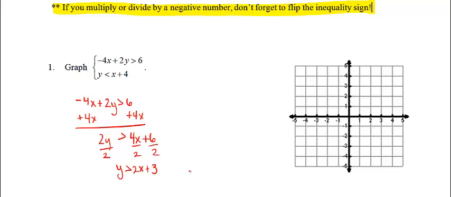To graph this, I start at my y-intercept, my 3. And from there, I count up my slope, up 2 and to the right 1. And to help myself, I'm going to reverse that by going down 2 and to the left 1, so that I can just get more points. I have a greater than symbol, which means that I'm going to have a dotted line because it's missing the underline.